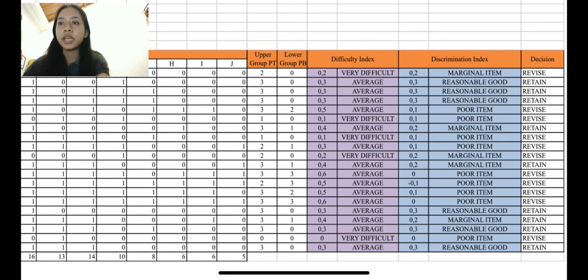And item 20 is 0.3, which is average, and the discrimination index is 0.3, which is reasonably good, and it needs to be retained. So that is all about the difficulty index and discrimination index and the decision we should take in this item.